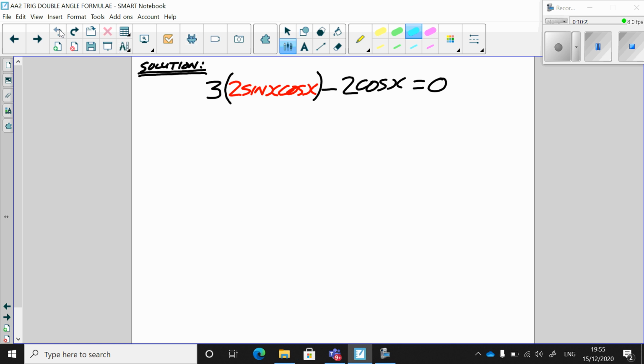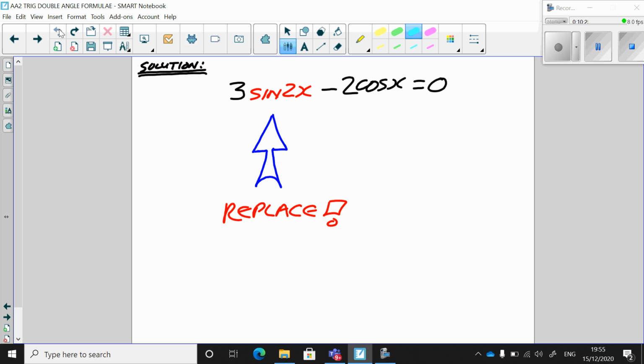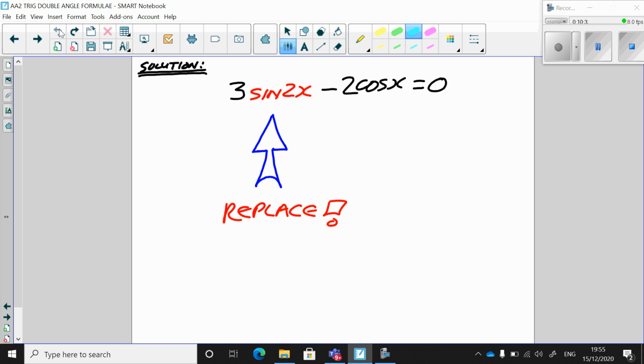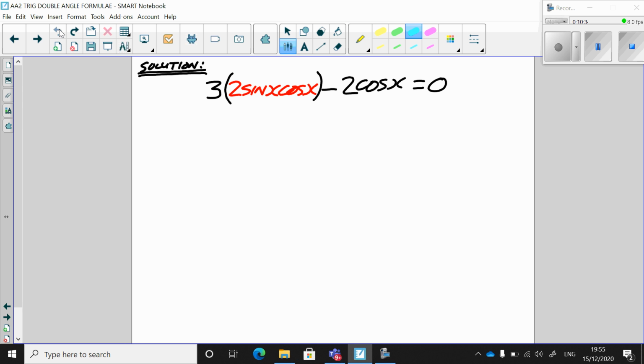I'll put the replacement in a bracket there. That's getting replaced by that. The 3's at the front, everything else stays the same. 3 times 2 is 6. The 3 can only multiply one of the things in there, so it's 3 times its pal, 2, 6.